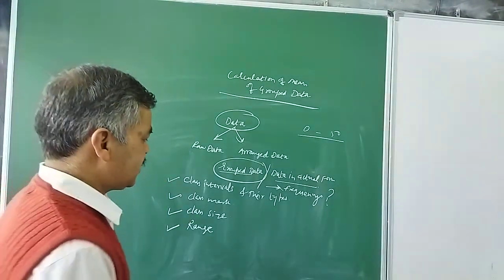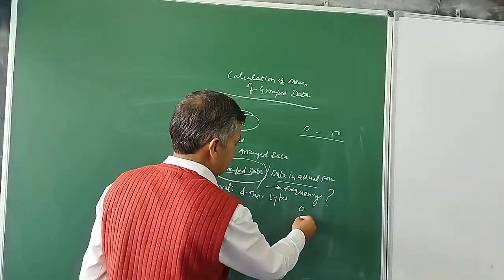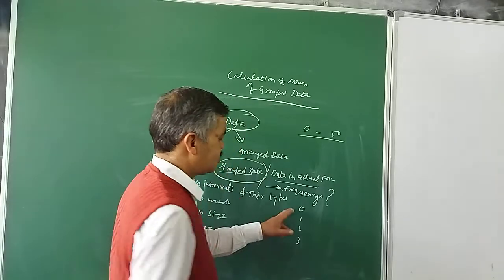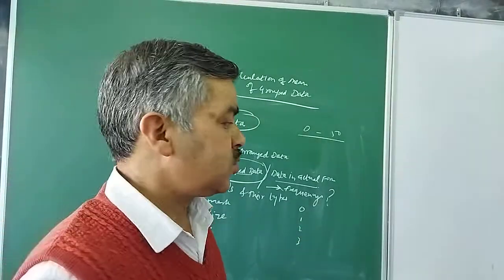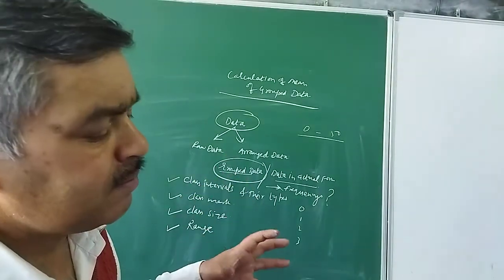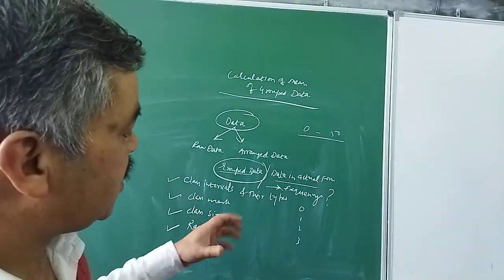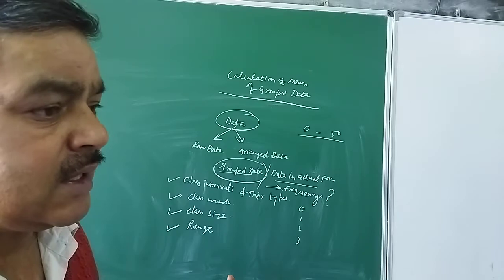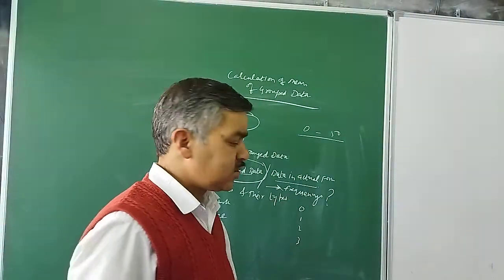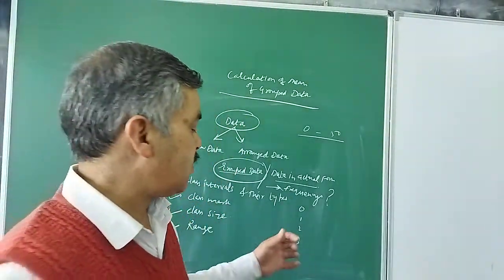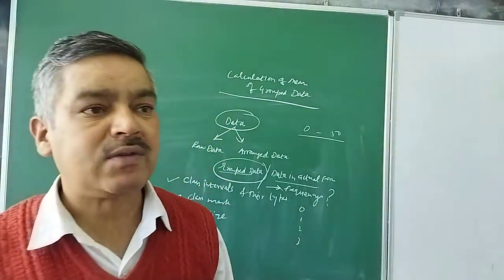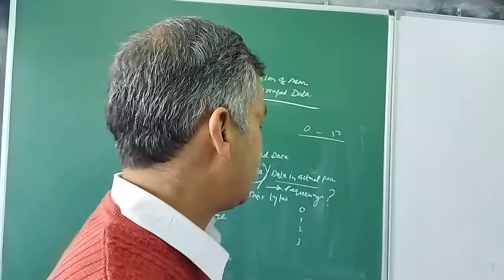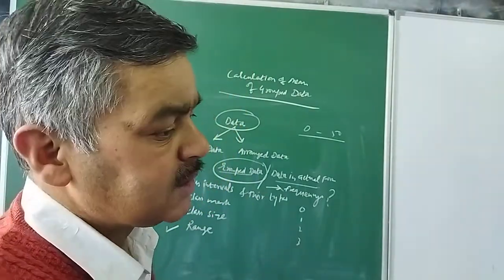So if I start tabulating the marks like 0, 1, 2, 3, how many students scored 0, how many students scored 1, again some students I will be missing, because not necessarily all the students get the score in whole numbers. Some must be there in halves like 2.5, 10.5, 25.5 and so on. So something is missing there.